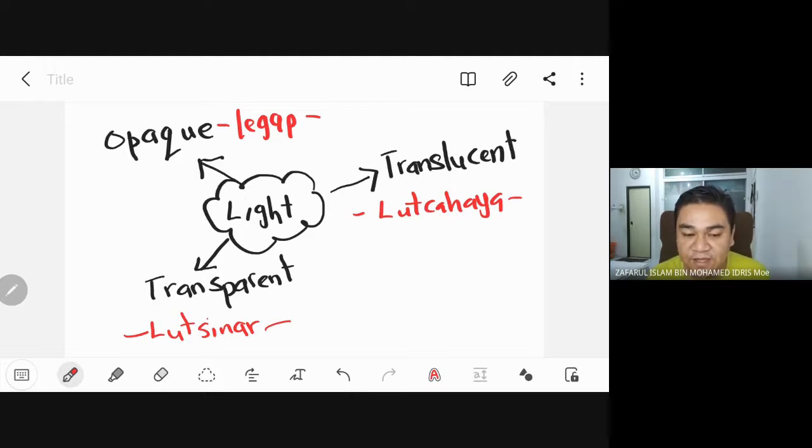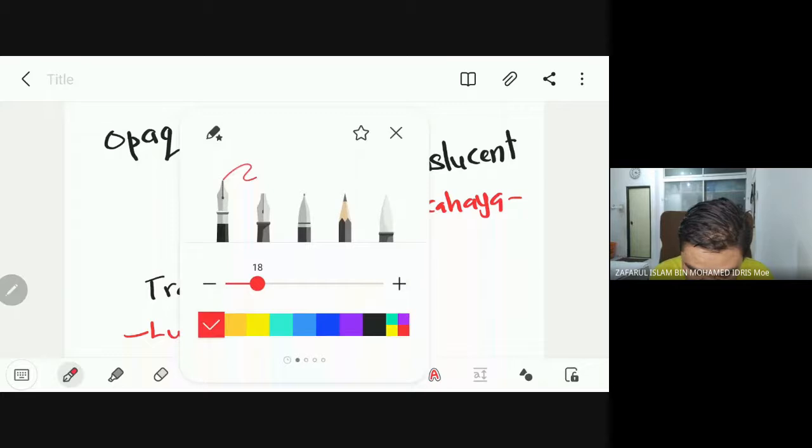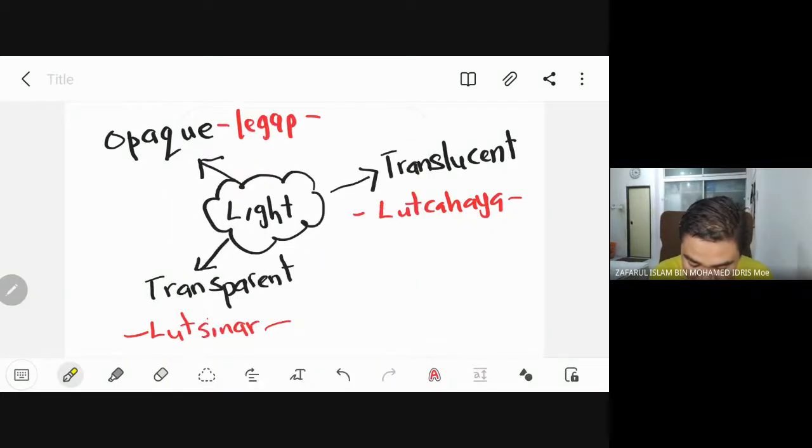Transparent ni sifat dia. Okay, sifat dia, the properties of transparent, nanti saya terangkan Amir. Okay, look at the first one, transparent. Okay, 100%. Okay, kenapa? Tak nampak kan? Kuning.